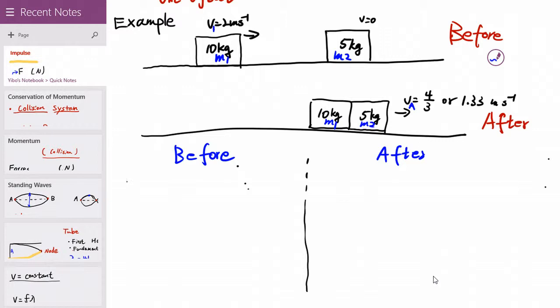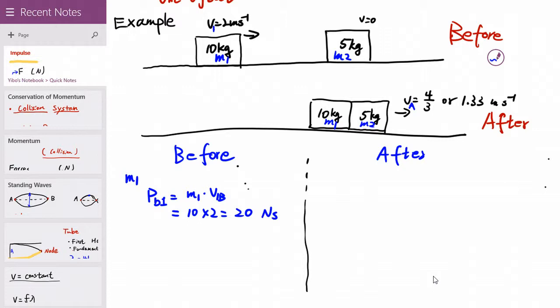For M1, before the collision, the momentum of M1 will be M1 times V1 before, V1B, which is 10 kilograms times 2, which is 20 kilogram meter per second or Newton seconds.